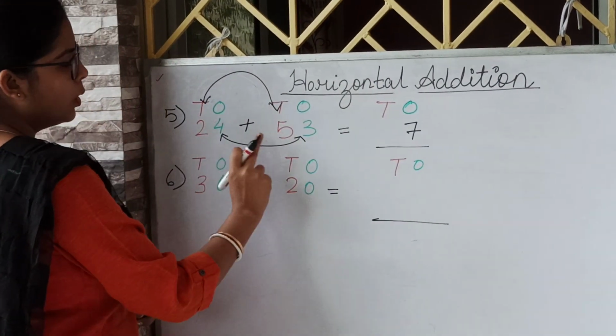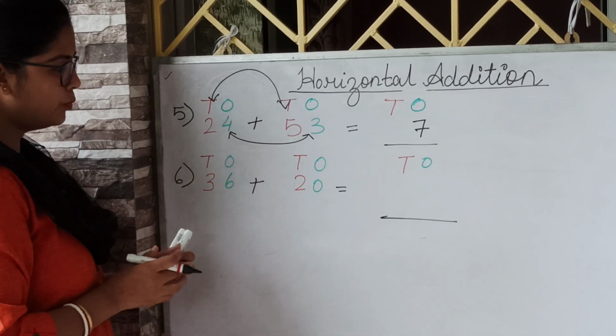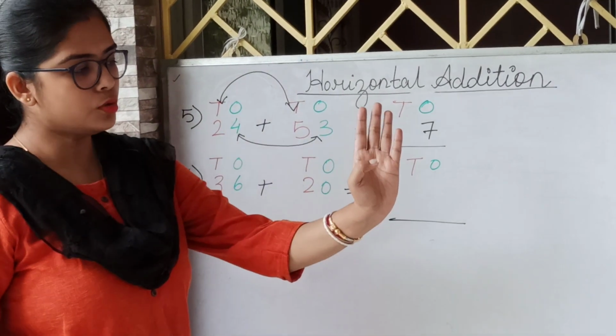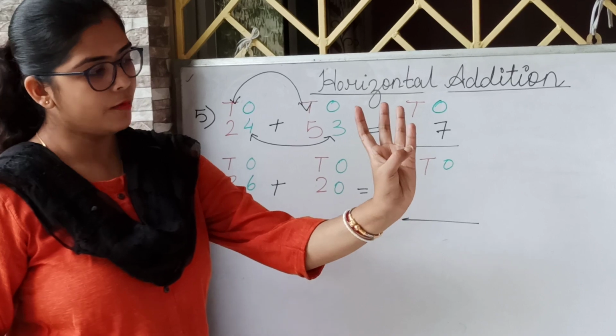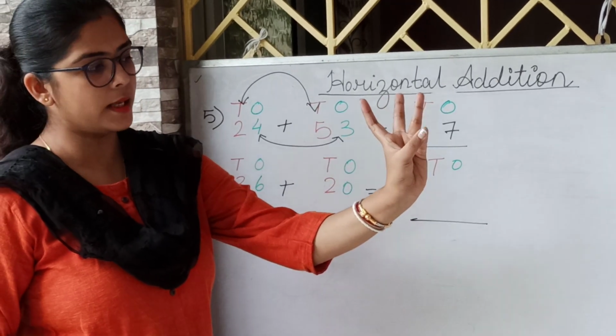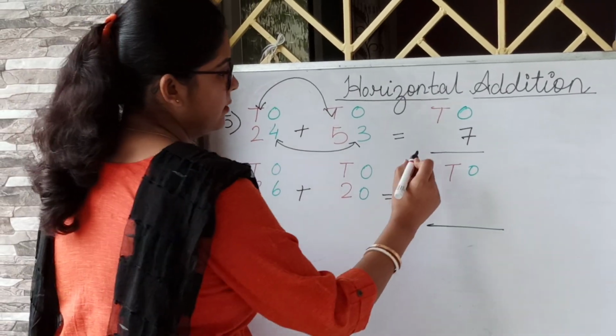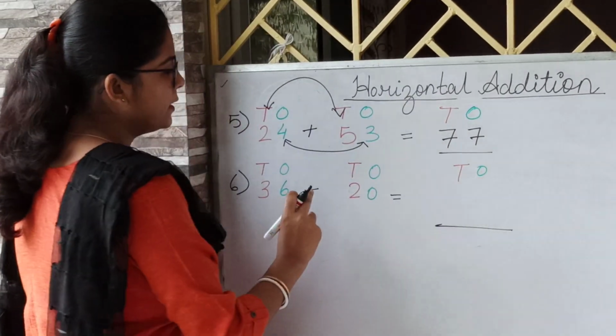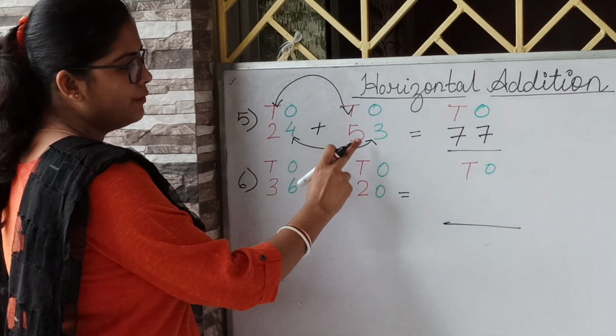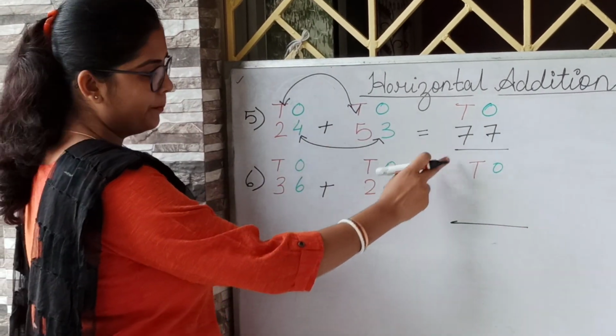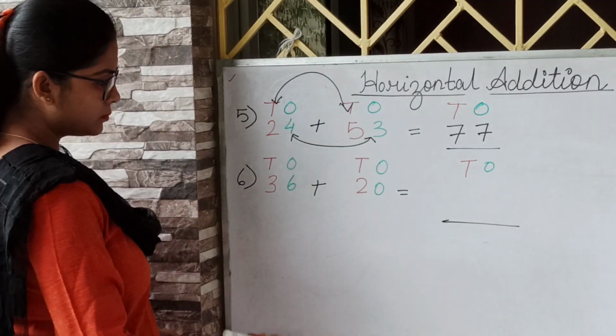That means 2 plus 5. Let me count, after 2: 3, 4, 5, 6, 7. So I will write 7. So what is the answer of 24 plus 53? 77.